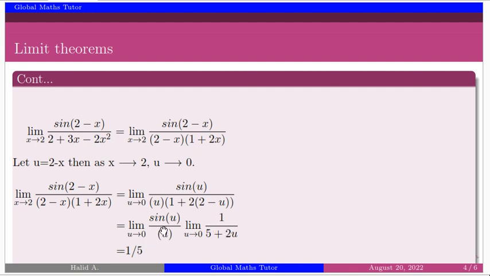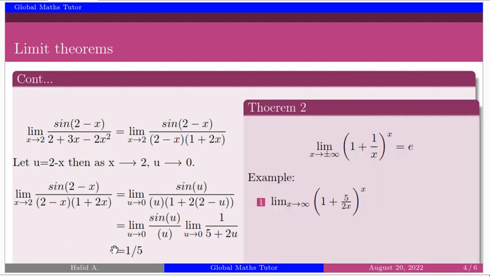Then we're going to find the limit. This limit is the same as the limit of sine x over x as x approaches 0, so this will be 1. So 1 times, let's substitute 0, so 1 over 5 will remain. So we have 1 times 1 over 5, it gives 1 over 5. This is how we find limits using the theorem, the limit of sine x over x as x approaches 0.